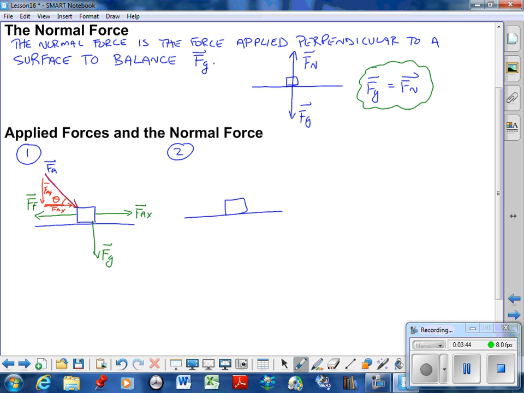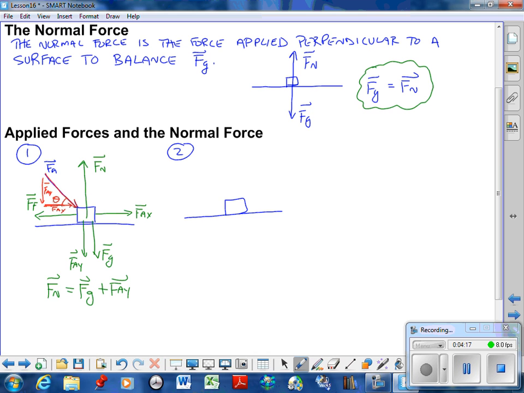So force due to gravity and your force pushing downward on the box are working together. That means the normal force is increased because it has to keep this box from accelerating into the ground. So your normal force, Fn, has to be great enough to balance force due to gravity plus Fay. It has to be balanced.